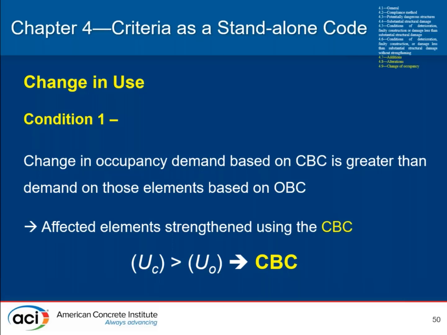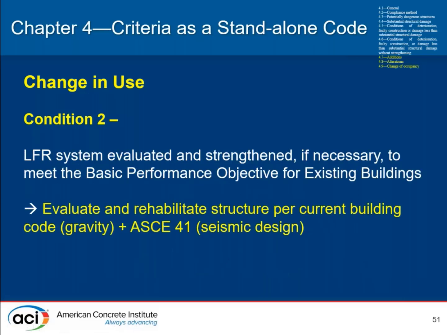So again, the equation at the bottom: the demand using the current code exceeds the demand using the original code, you're going to be strengthening using the current code. If the lateral force resisting system is being evaluated and strengthened, if necessary, to meet the basic performance objective for existing buildings, then you're going to be evaluating and rehabilitating the structure per the current building code for gravity load paths and using ASCE 41 for the seismic load paths.